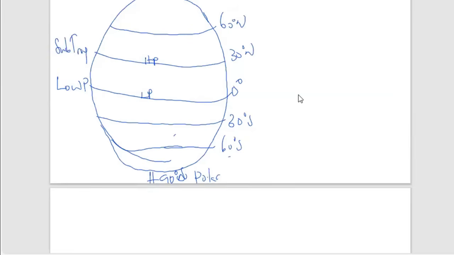Then we have the subpolar. It's a low pressure belt, which is caused by the deflective effect. So this one is the subpolar region. Then the polar is a high pressure. And the same distribution happens to the south. We have subtropical to the south, and we have subpolar to the south. Then we have the polar.